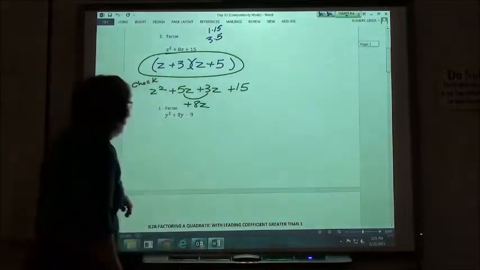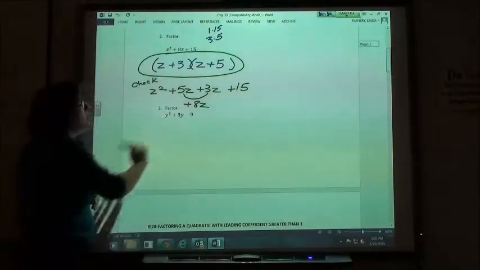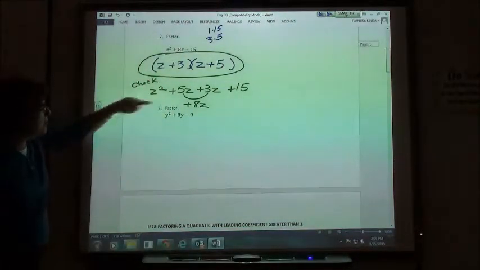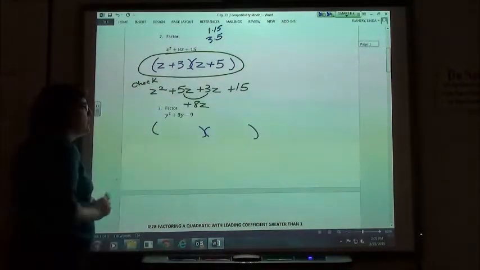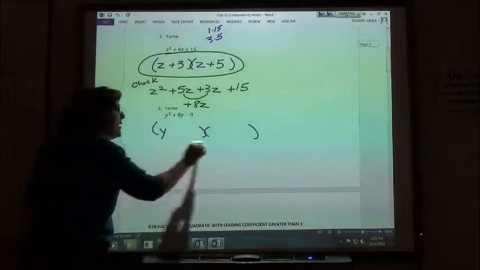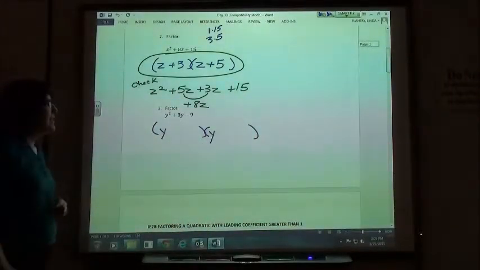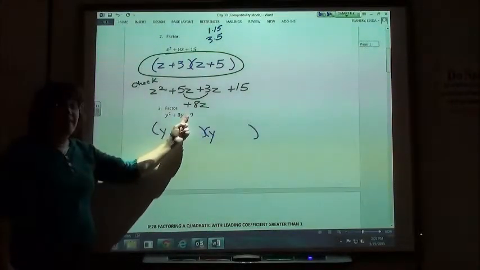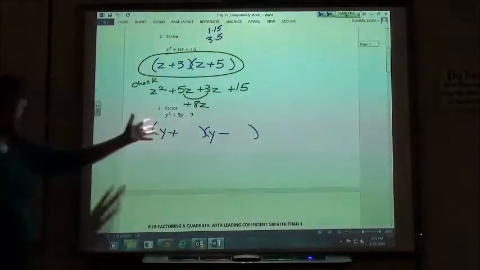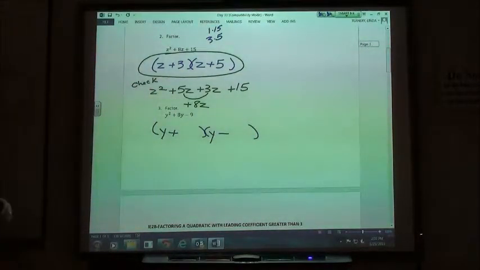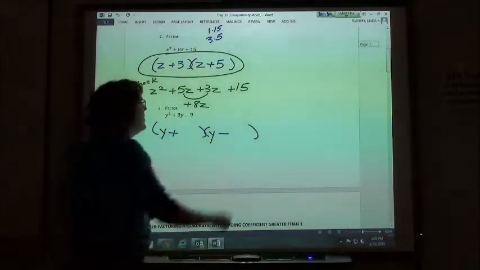Factoring the next one. Again, it's a trinomial, has 3 terms, has the squared, so I know it came from foiling. Factors of the first term, y squared, y times y. My signs, this one again, the end is a negative, so I know one's a plus and one's a minus. Order doesn't matter, just so you've got one of each. I want my factors of 9.